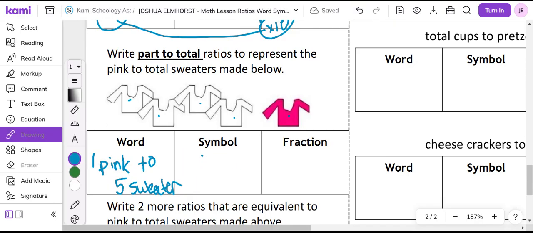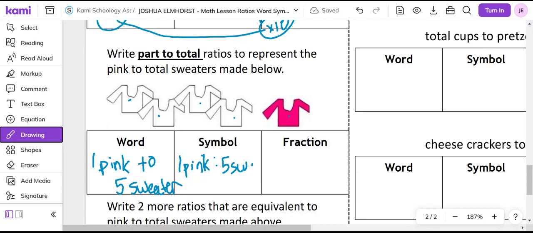Try to get a better space here. 1 pink, 5 sweaters. And then in fraction form, 1 pink. The first part of the ratio goes on top, and then the second part, what is being compared, goes on bottom.